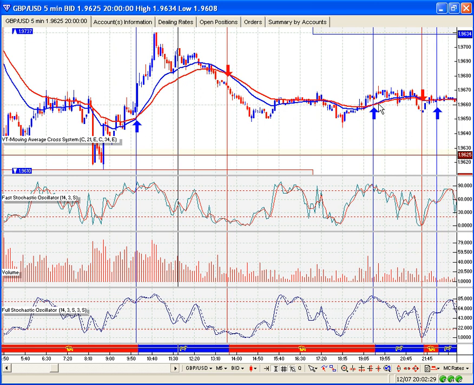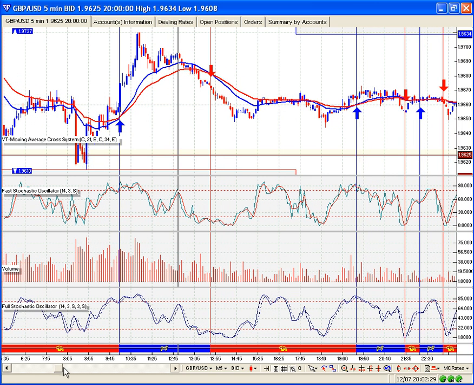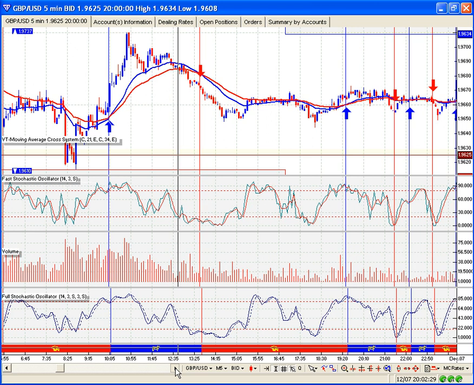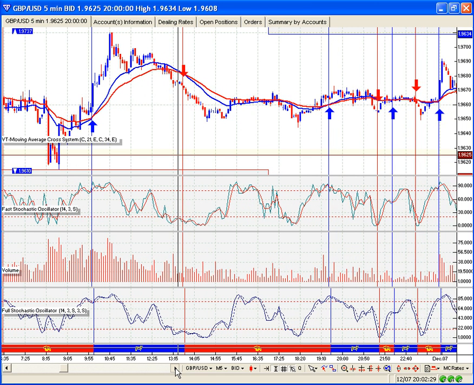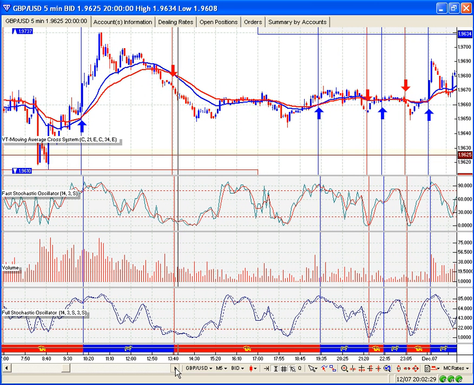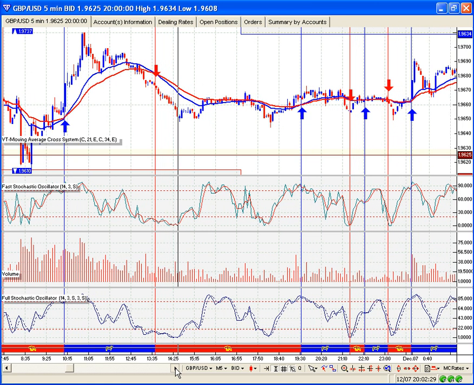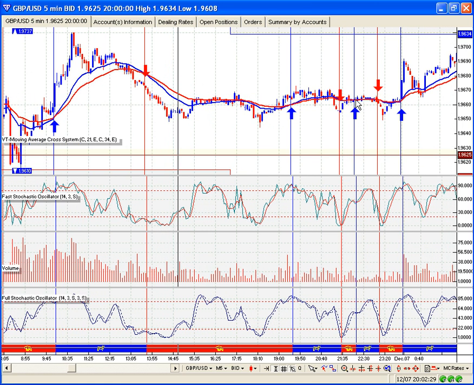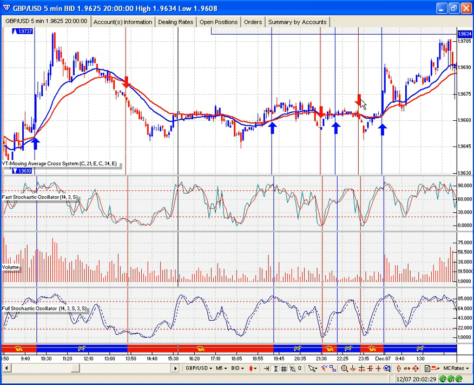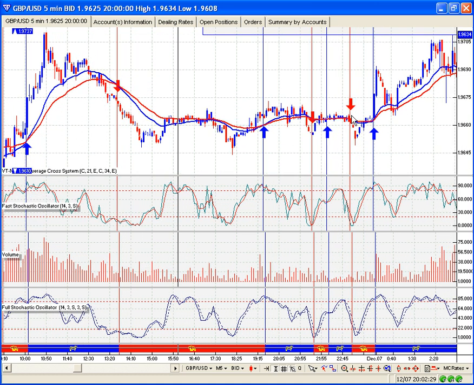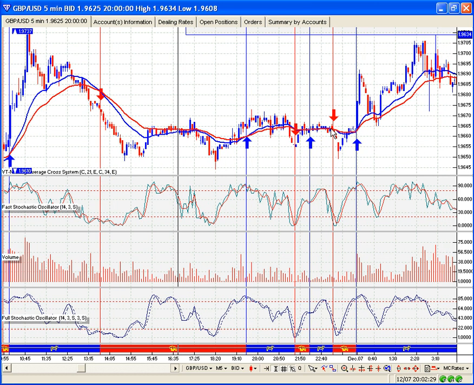You bought it here and sold it here. Well, you will end up with a small loss there of about 10 points. Again, you bought it here and you had to sell it here, so you will end up with probably no loss or profit here.